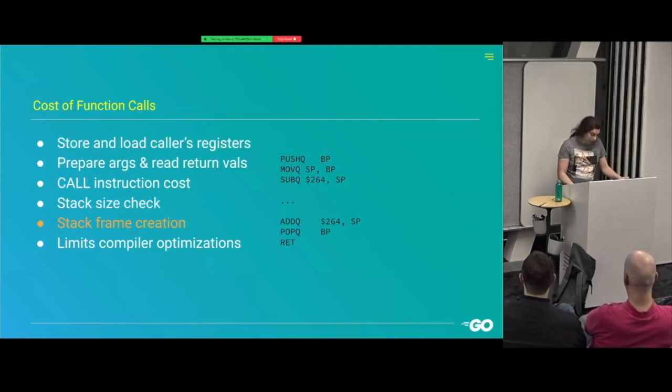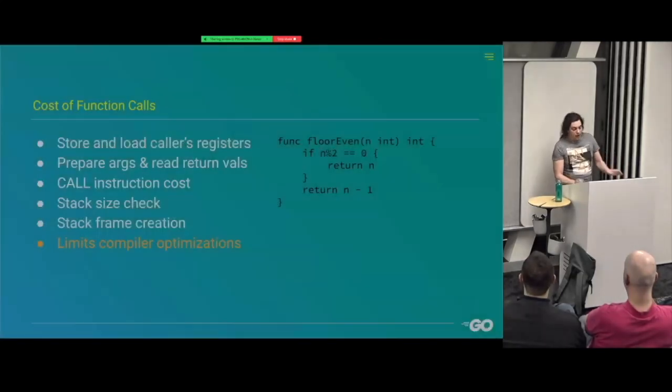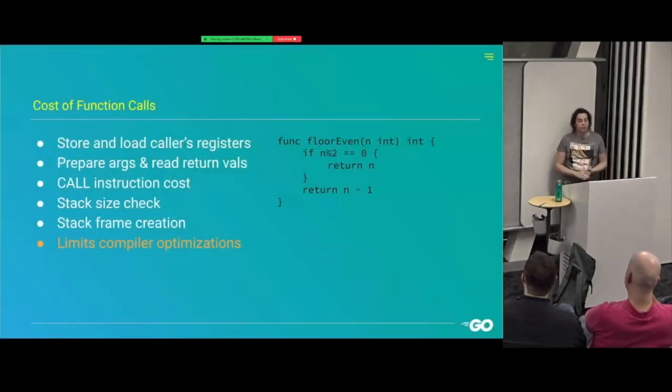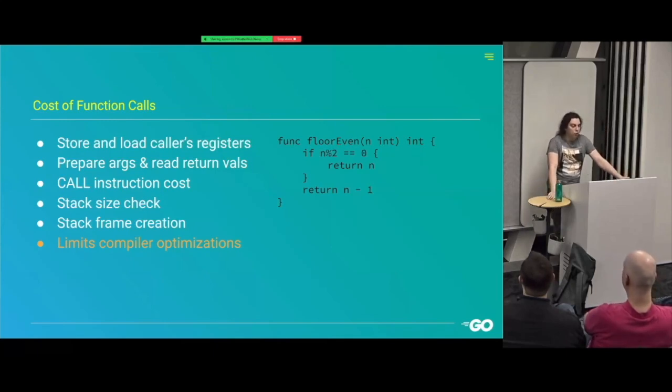And the last thing, which we will also see later, is that function calls limit some compiler optimizations. When you imagine this code that just floors the number to an even number, the compiler sees it, is able to optimize it, is able to generate code for it. But what if you call it with something like this?